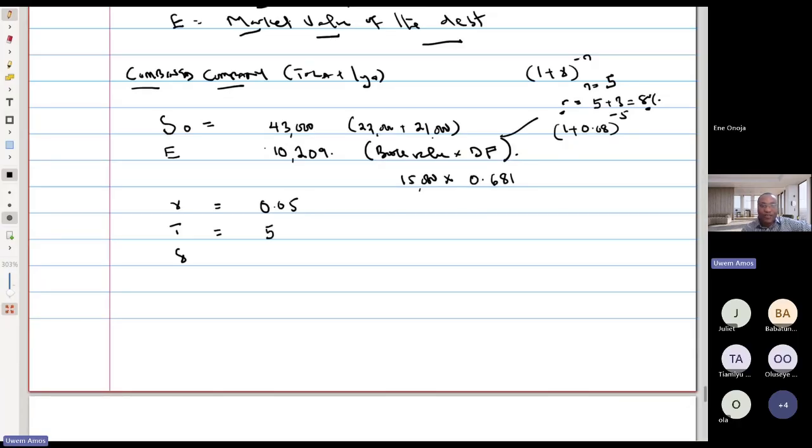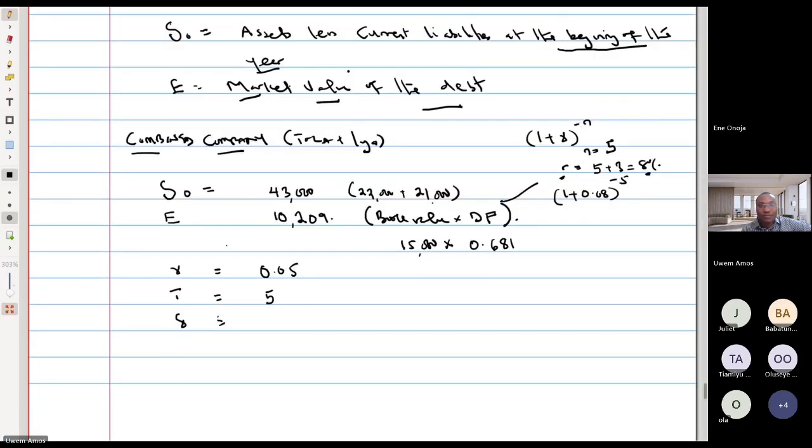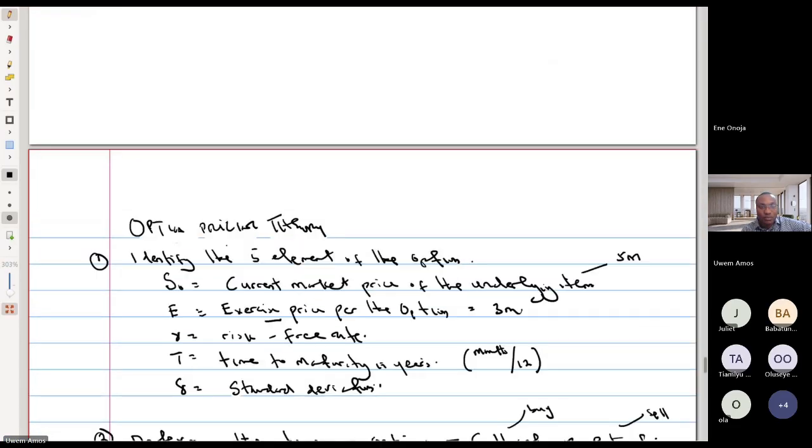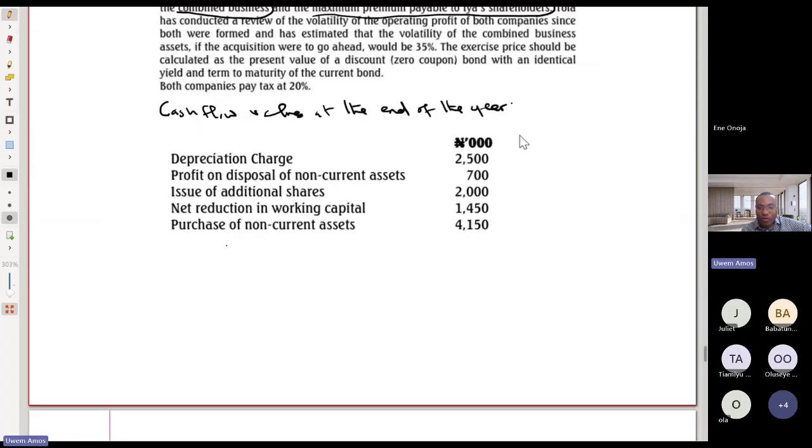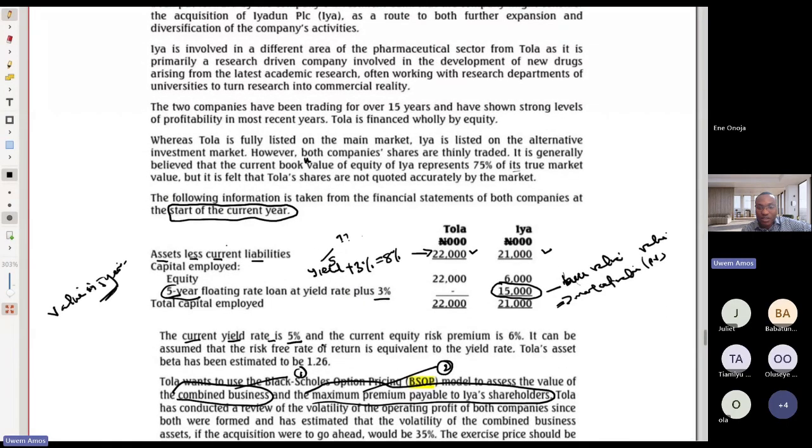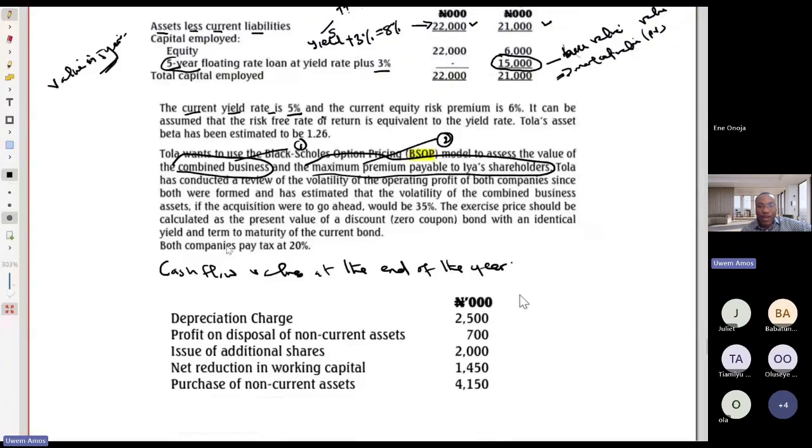Then our standard deviation. So where's our standard deviation? Somewhere here, which is the volatility.